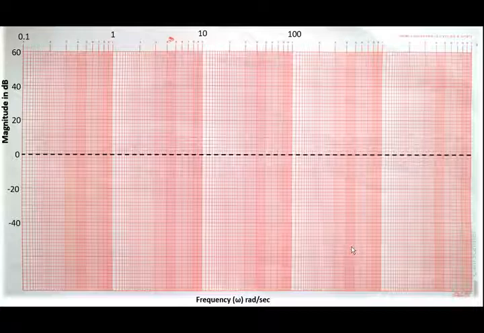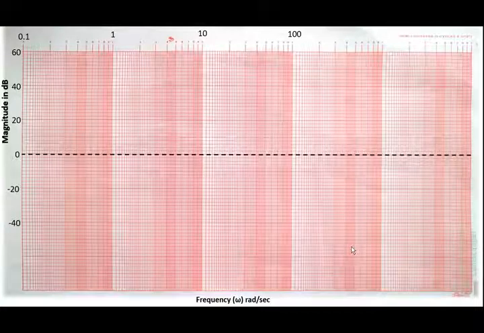So before plotting this graph, we need to know some basics. We already know that the semilog sheet we are using has two axes with different scales. X-axis is non-linear and y-axis is linear, and there are some certain measurements we need to take before plotting the graph.